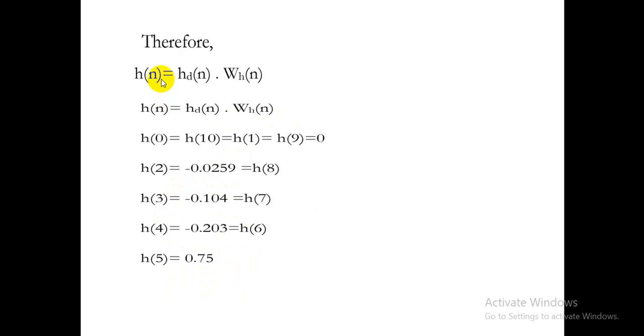Now you multiply these two sequences, hd(n) and wh(n). I told you in the previous video that to truncate all your side lobes, we have to multiply hd(n) with the windowing sequence, right? Now you multiply them, then you will get the values, right?